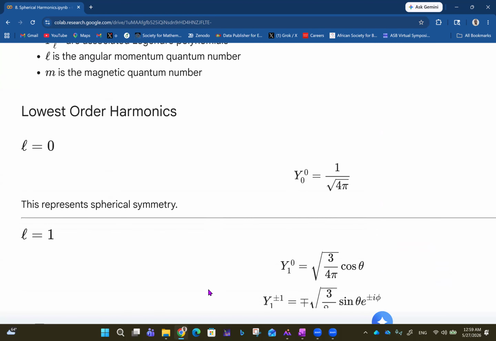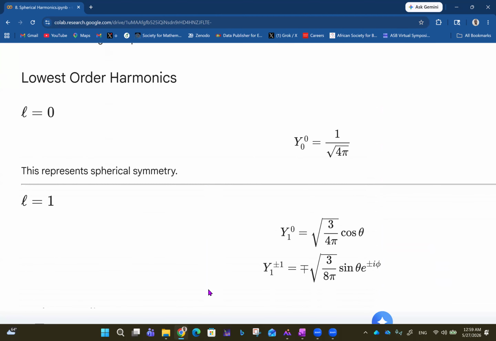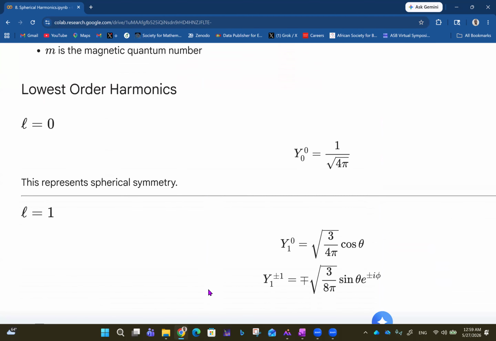Then we have the lowest order harmonics. It's usually good to find the lowest ones so that we can build on them to get the others.